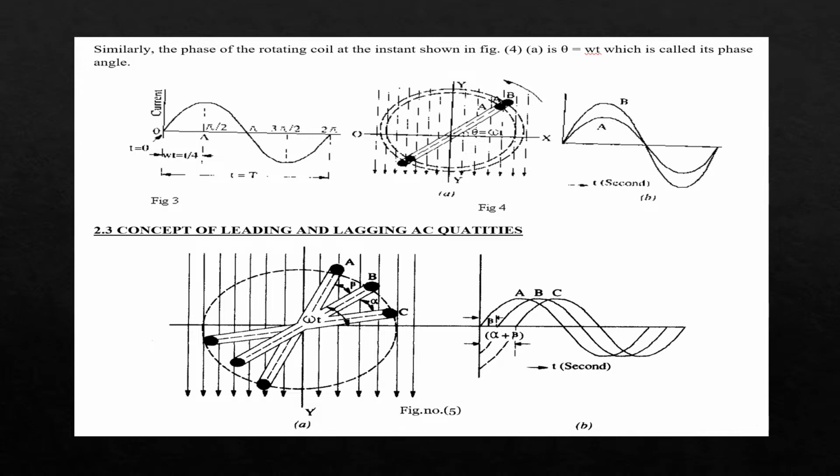Similarly, the phase angle of a rotating phasor is shown in the figure at theta t. You can see from these images, first we have got figure 3 where current versus time is given. It's a normal graph where omega t equal to T by 4 is written. So I'm assuming it's omega t equal to pi by 2.